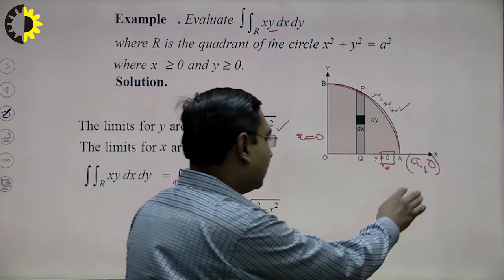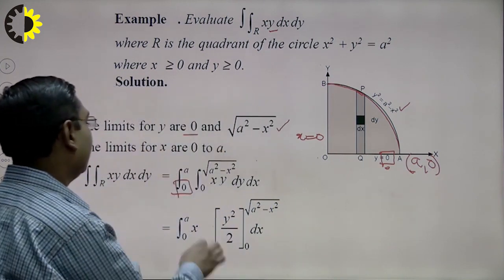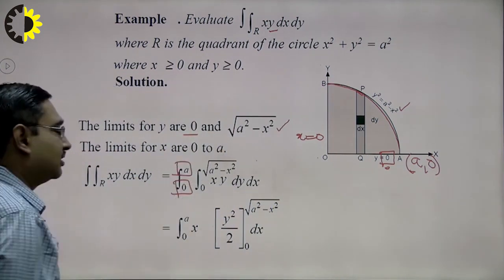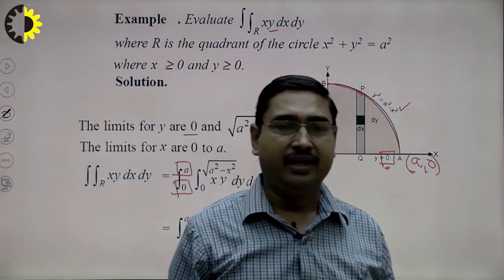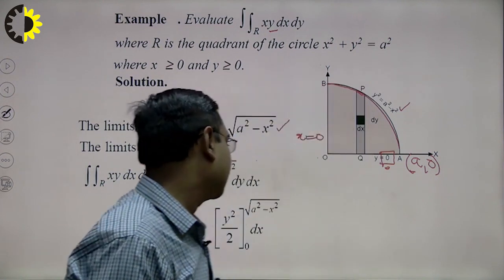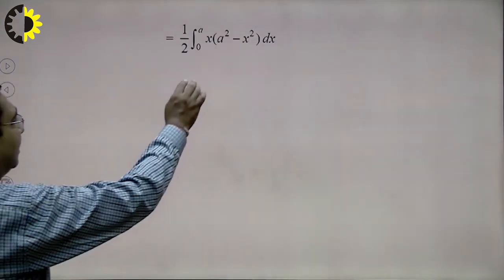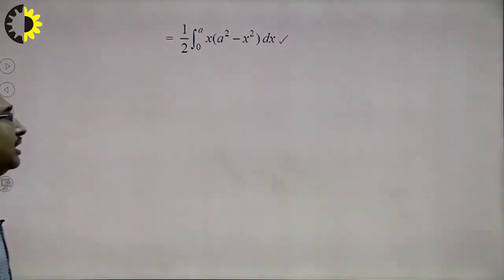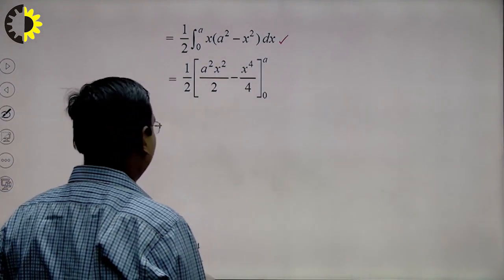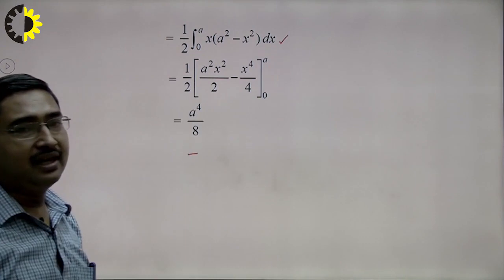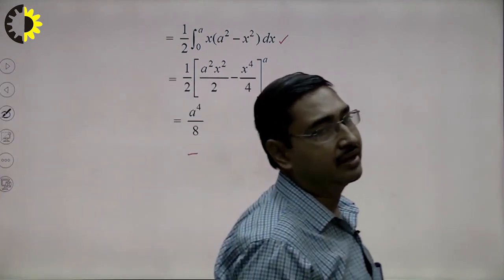The x value at this point became a, and these are the limits of x. Applying these limits, the first integration was performed with respect to y, treating x as constant, and then we were left with a simple definite integral. Evaluating this integral, I obtained the value of the integral as a raised to the power 4 upon 8.